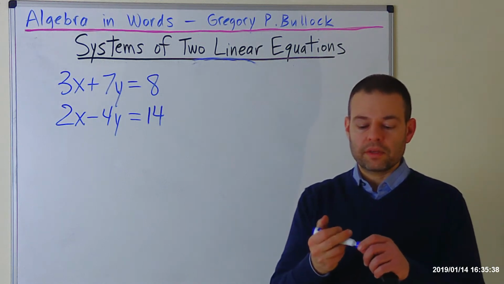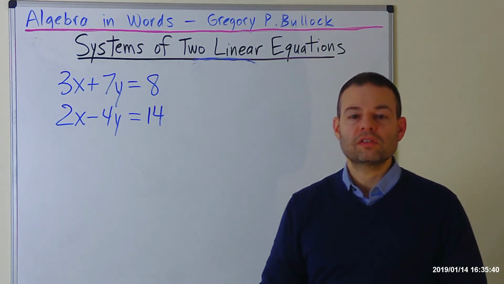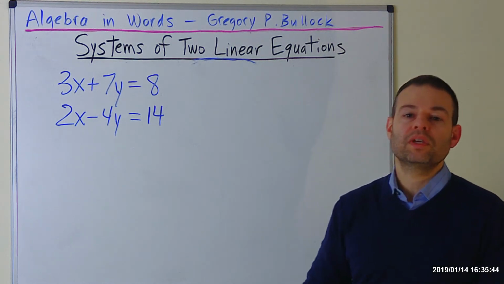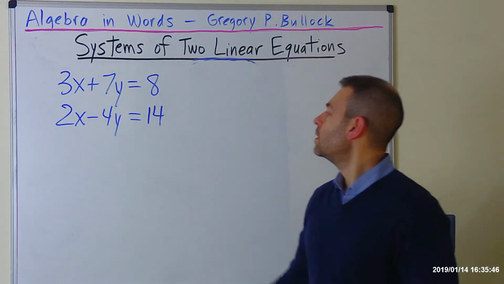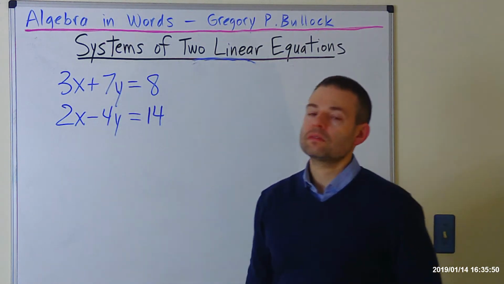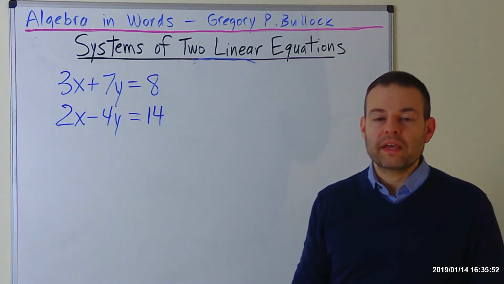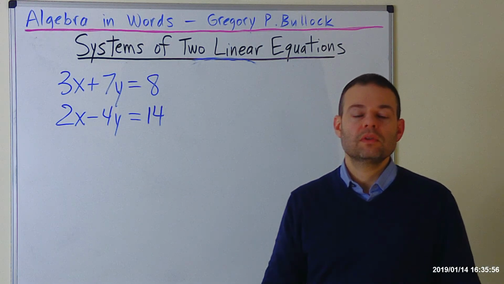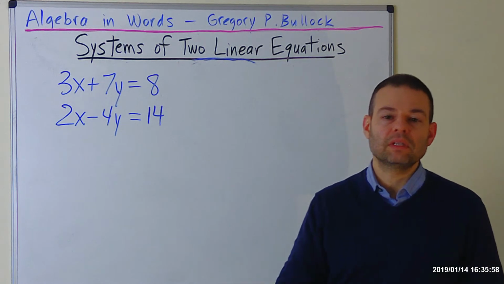Are the equations in standard form? Yes. Are the like terms lined up? Yes. So we can continue to the next step. Let's compare the x terms. We have 3x and 2x, all right? And again, you need to be thinking, what do you need to do to one term so that you cancel out the like terms?